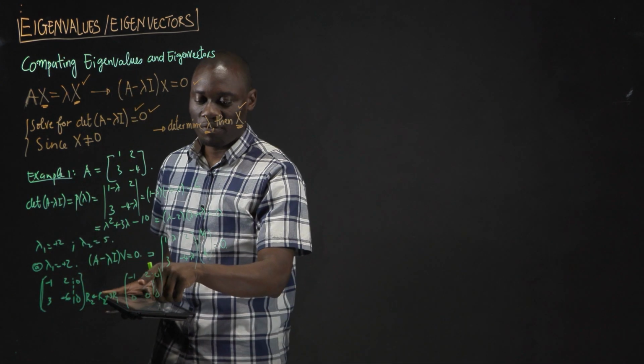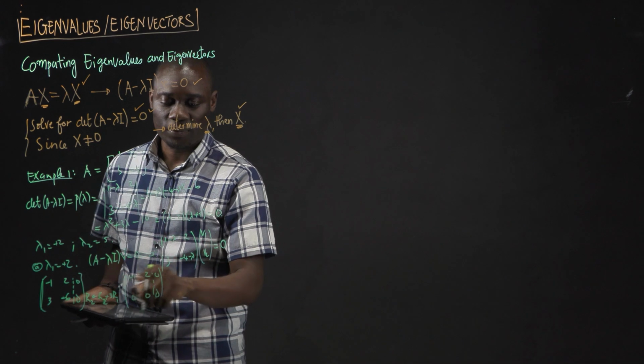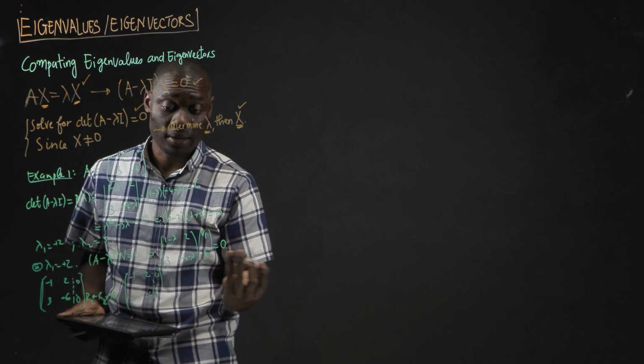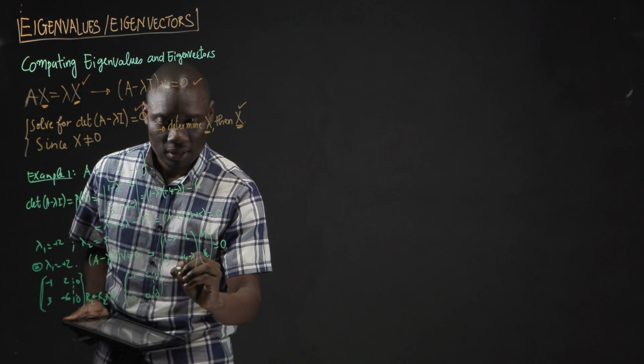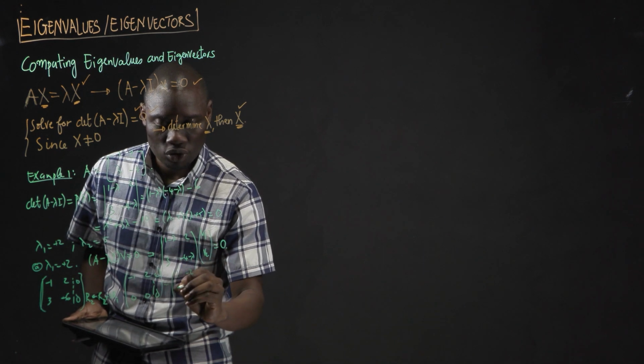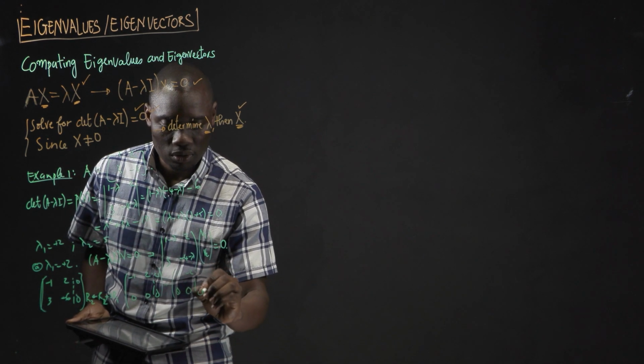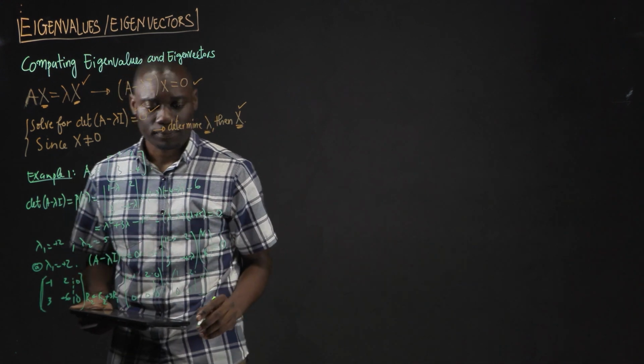And if I divide the first row by minus 1, I will have [1, minus 2; 0, 0].